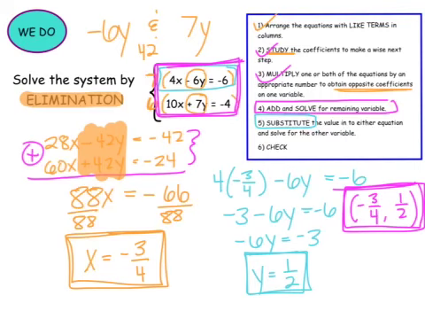And so when we check, we get 4 times negative 3/4 minus 6 times 1/2. Negative 3 minus 3, that does equal negative 6.